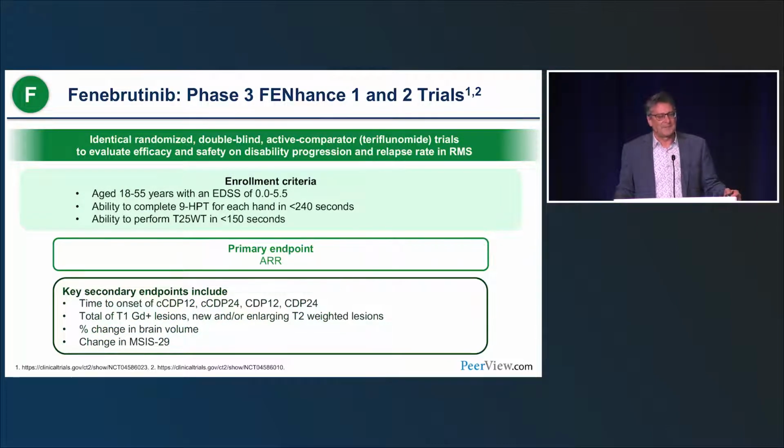Fenebrutinib, so this is the relapsing-remitting study. And it's always nice because Roche has, in some of their studies, included this more comprehensive measure of disability progression or improvement, which is a 9-hole peg test, time 25 foot walk, or EDSS progression, which I think is a neat outcome, but picks up a lot more progressors.